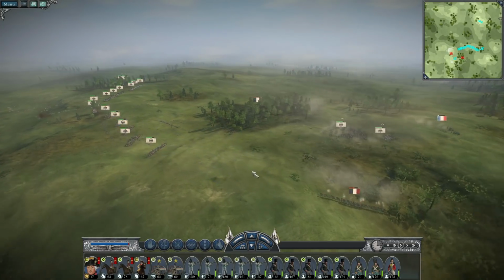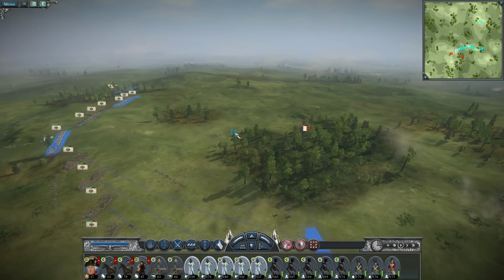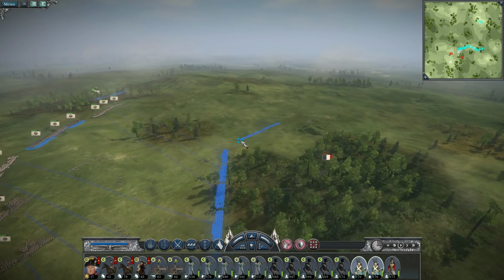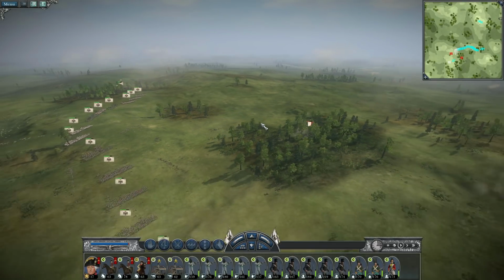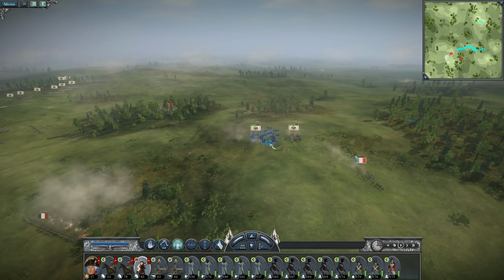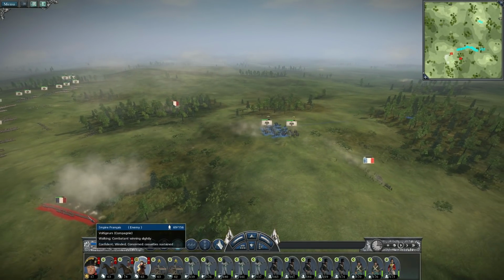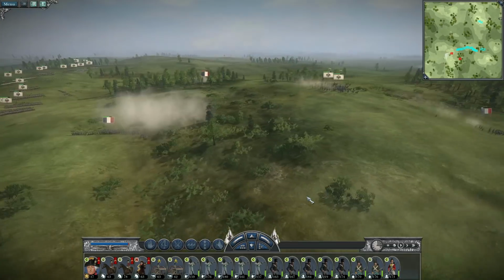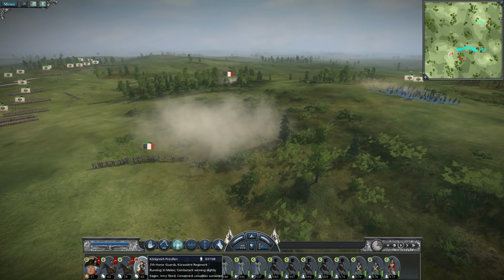Right, the line infantry will move here then. The light will move here. And the grenadiers will move here. Well, at this point I don't actually dare charge with them, or at least not in any way that would be straight on.